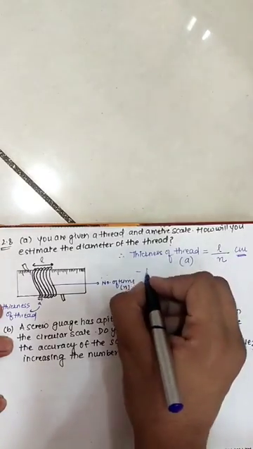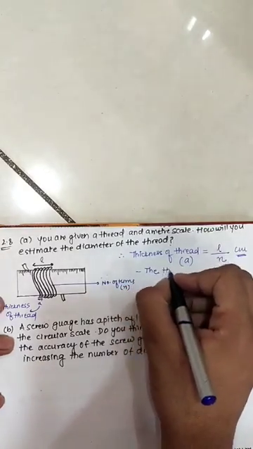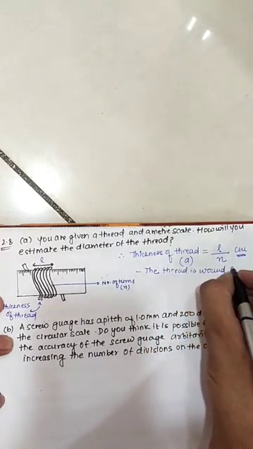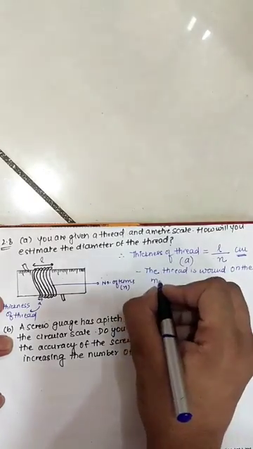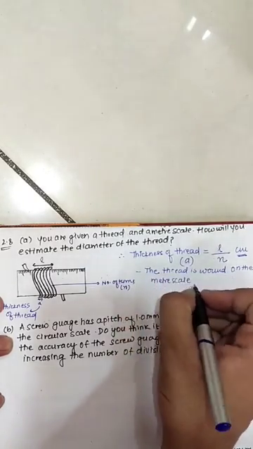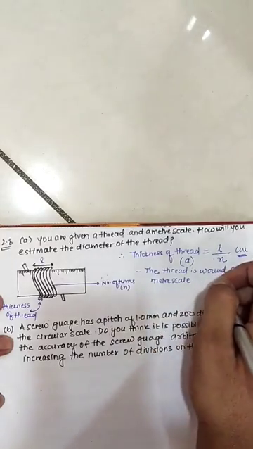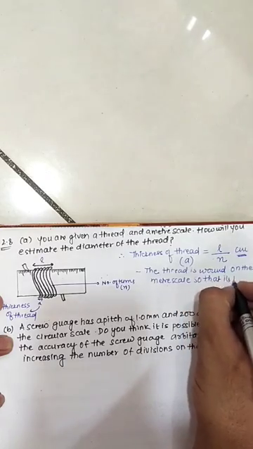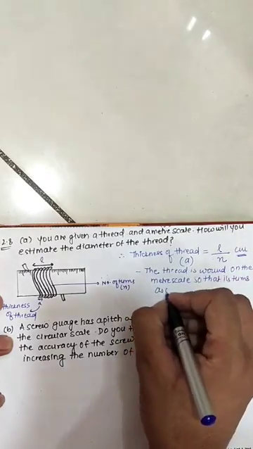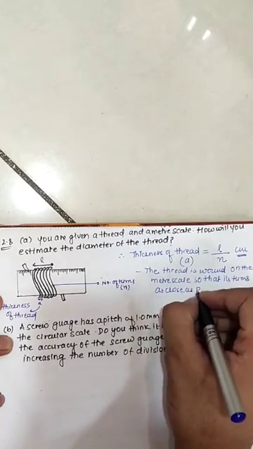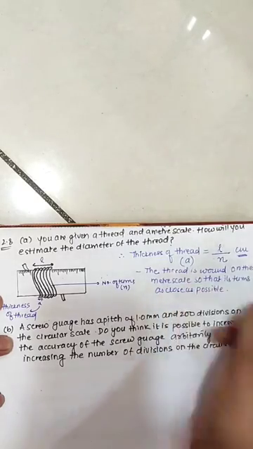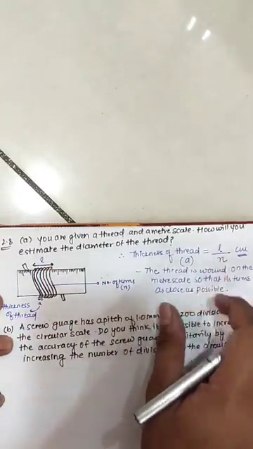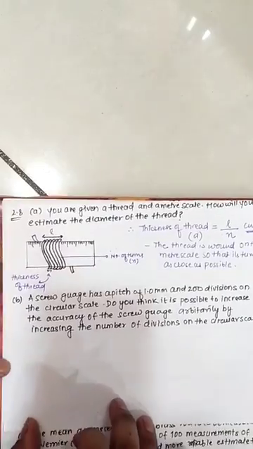I can write the definition: the thread is wound on the meter scale so that its turns are as close as possible. Measure the length, calculate the number of turns, divide the length by number of turns, and you will get the thickness of the thread. Till this clear?